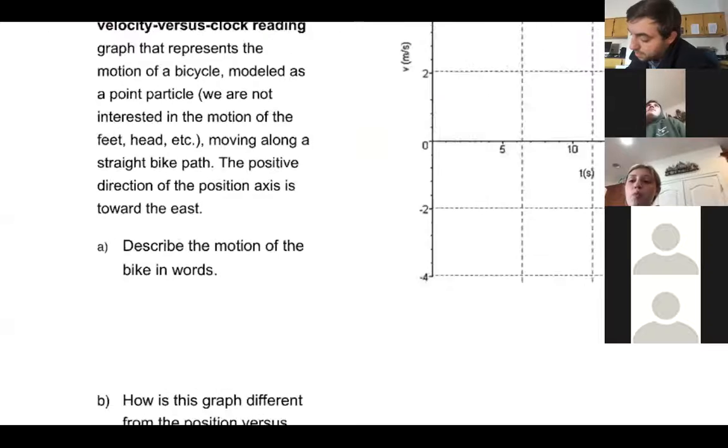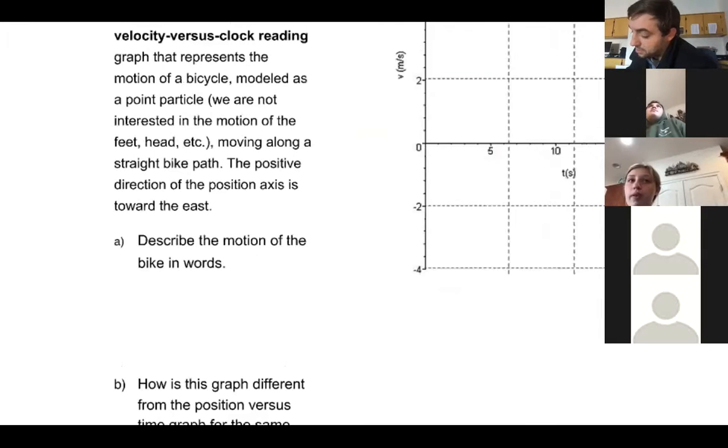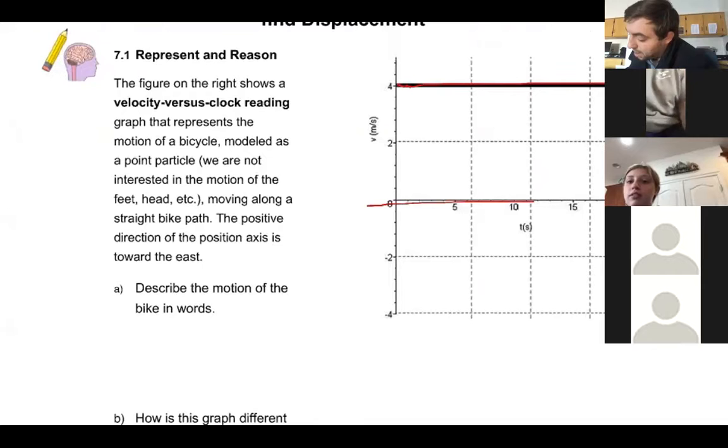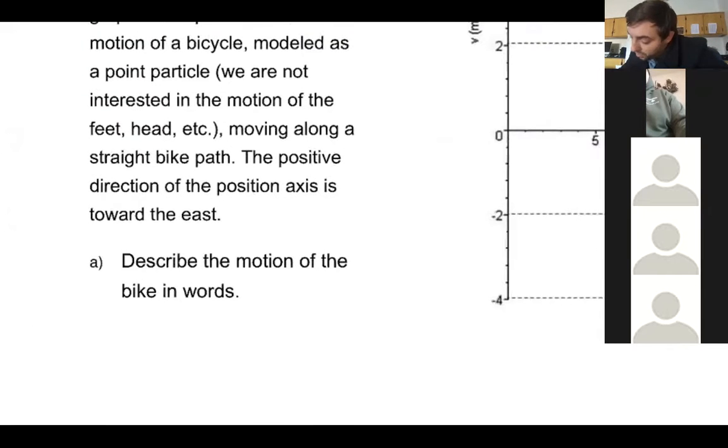And it says the positive direction of the position axis is towards the east. Now I know, if I split this graph in half, is the velocity positive or negative trick, I see all of the action occurring above the x-axis. So I know that velocity is positive and he must be moving to the east.